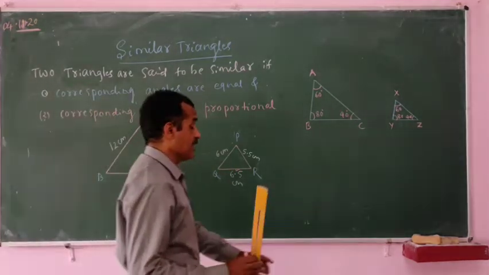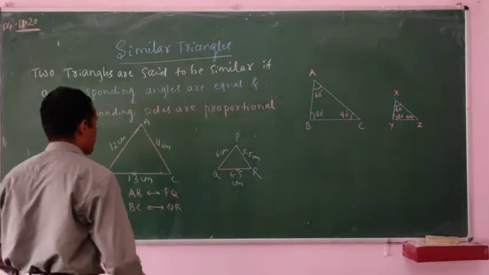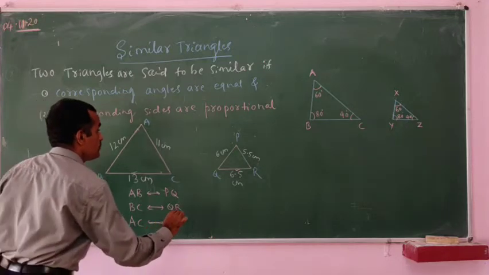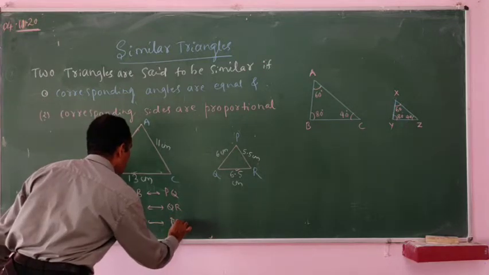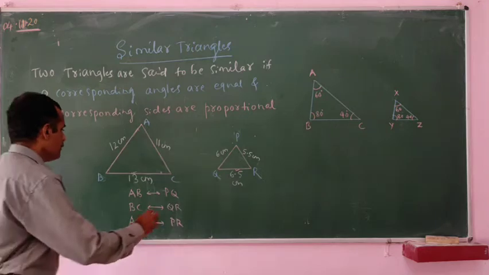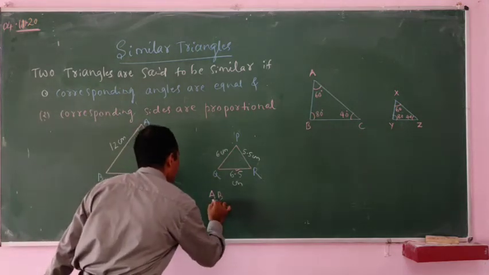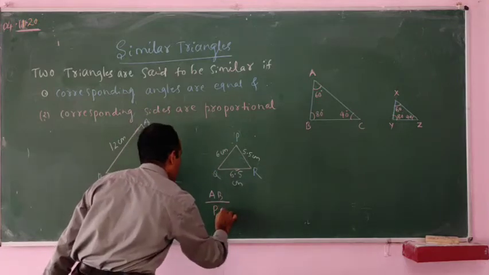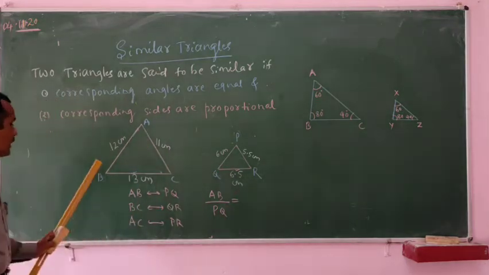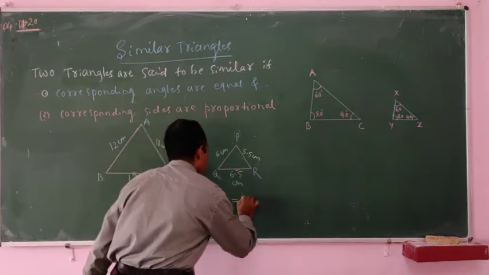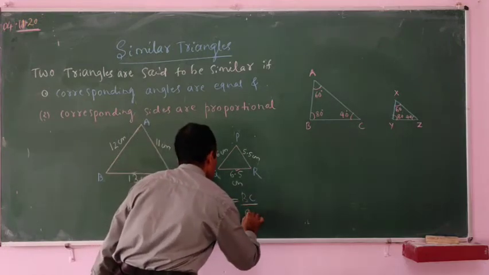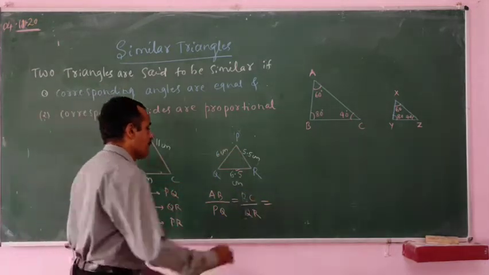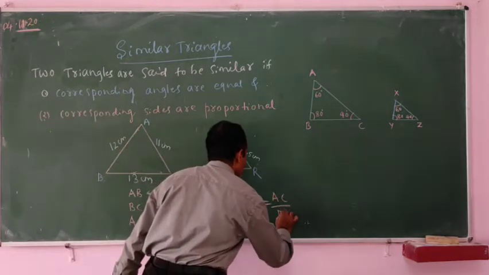and AC is corresponding to PR. I can write it like this: AB divided by PQ is equal to BC divided by QR, and BC divided by QR is equal to AC divided by PR.